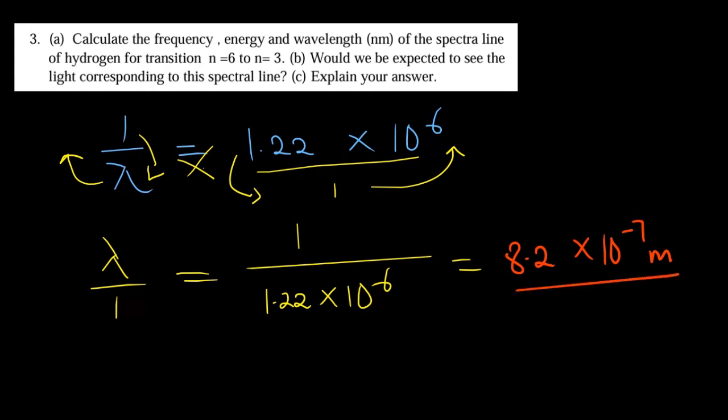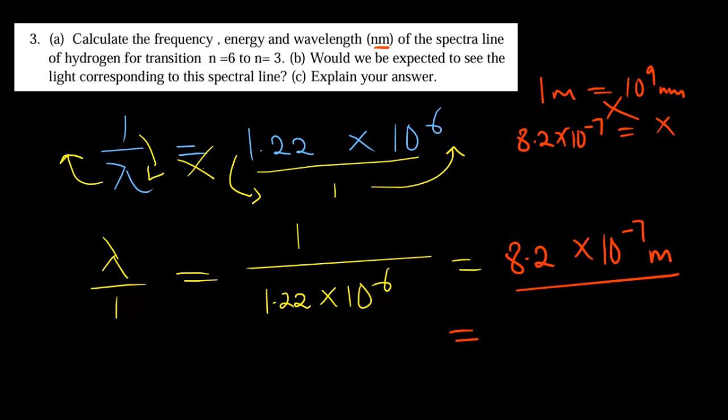But here they said the wavelength should be in what? Nanometers. So we are going to convert this to nanometers. How do we convert the meters to nanometers? Remember we said 1 meter is equal to 10 to the power 9 nanometers. So we just use this conversion. So we have 8.2 times 10 to the power minus 7 is equal to x nanometers.